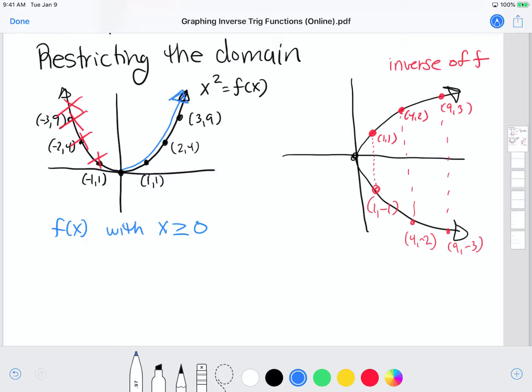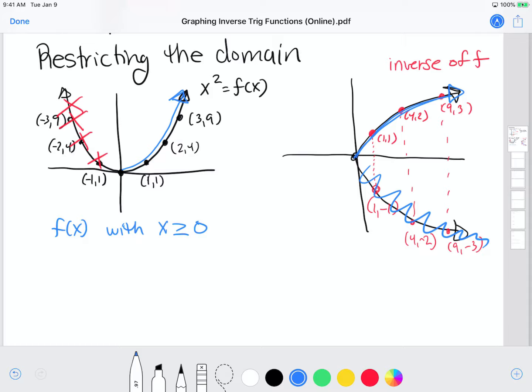And what would then happen is when I omit that left side of the graph, that gets rid of this bottom half down here that have the repeat x's with the negative values for y. And so then I would only have this half up here, and then when I draw vertical lines, it passes the vertical line test so that it would be a function.